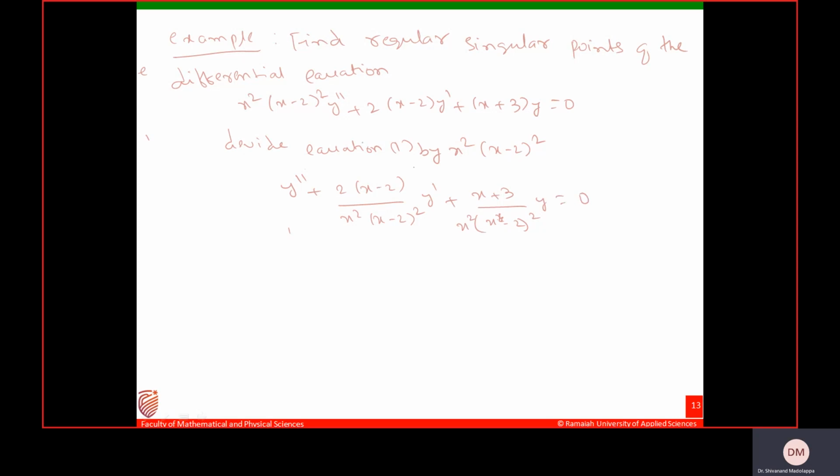Then we can strike out x minus 2 and x minus 2, it cancels.